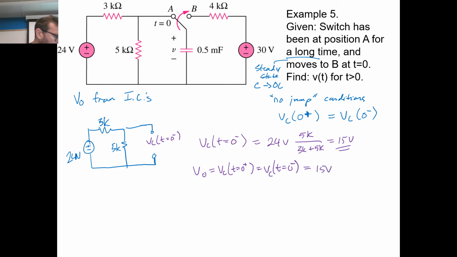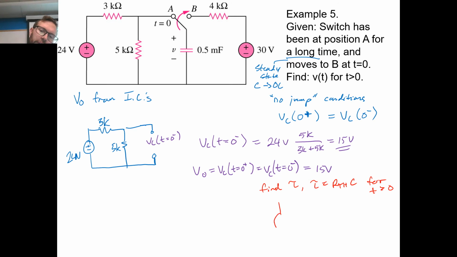All right. Last thing we need to do is find tau. Remember that tau is equal to R Thevenin times C for time greater than 0, after the switching event occurs, because that's when the transient portion is happening, when the capacitor is changing from one state to another.